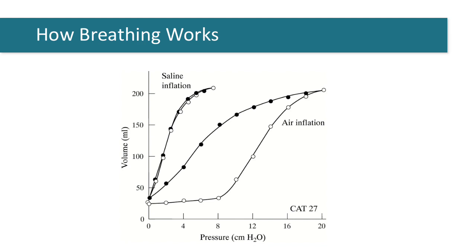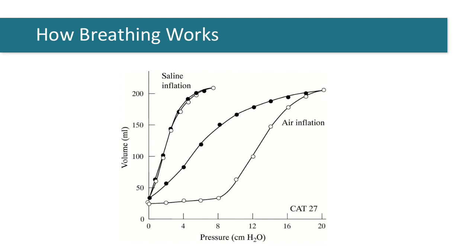Because the lung is a complex anatomical structure, it has very specific mechanical characteristics that are shown here in this pressure volume curve. The inspiratory limb is shown with the open circles, and the expiratory limb is shown with the closed black circles.